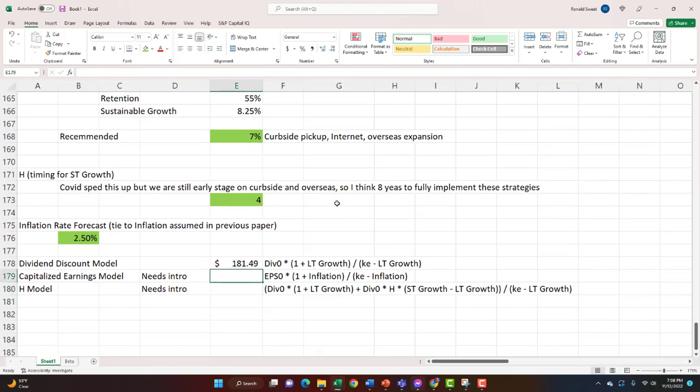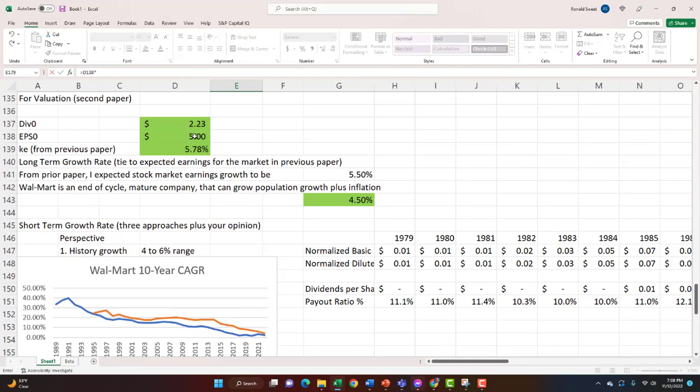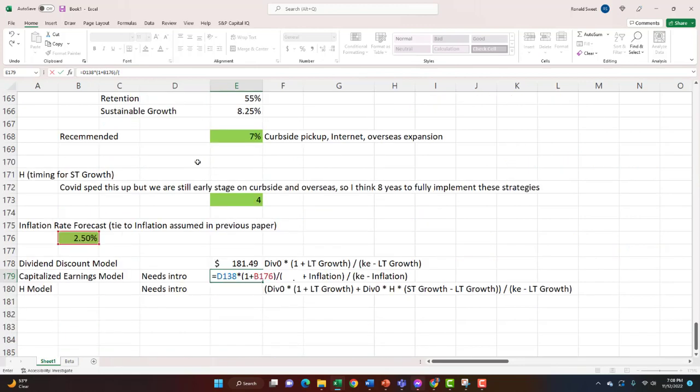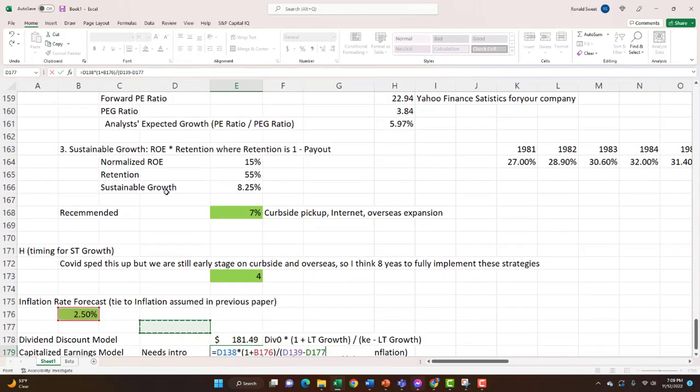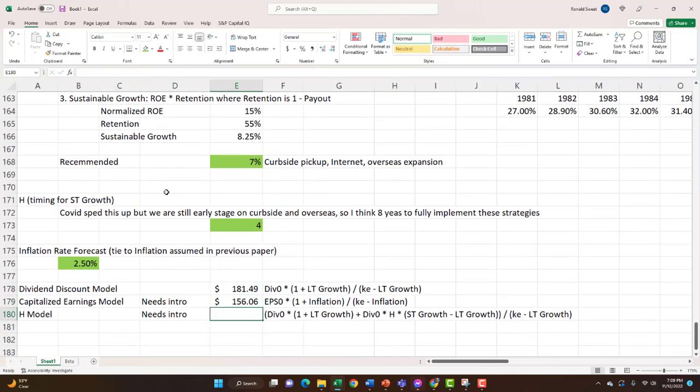The next one is EPS 1. My EPS is $5 times 1 plus inflation. There's my inflation, divided by KE minus inflation. That gives me 156.